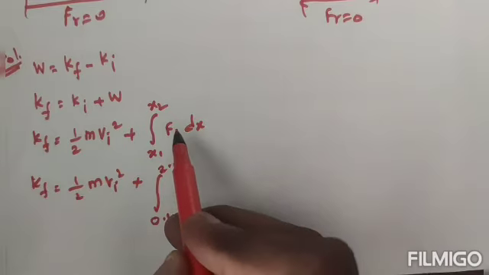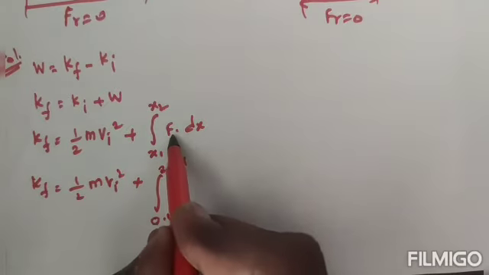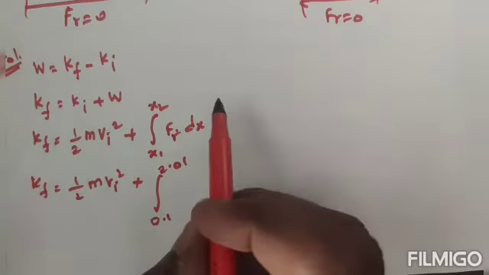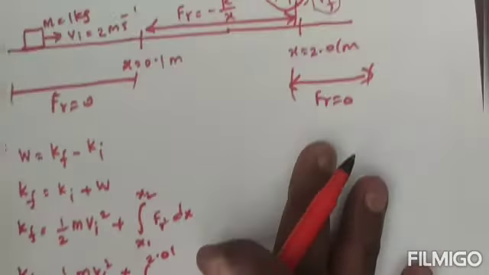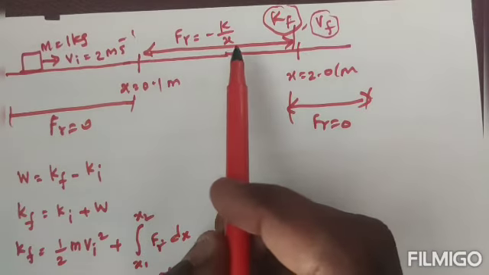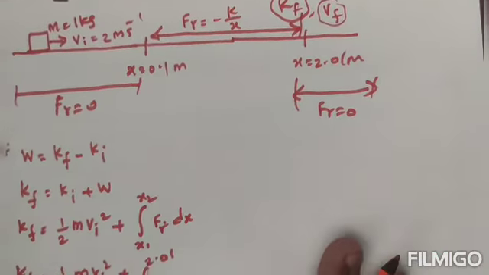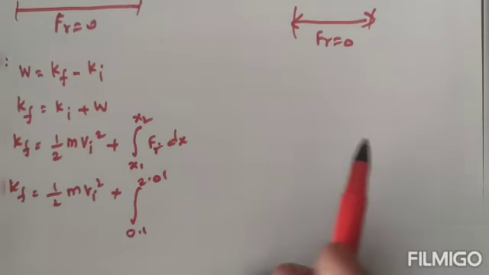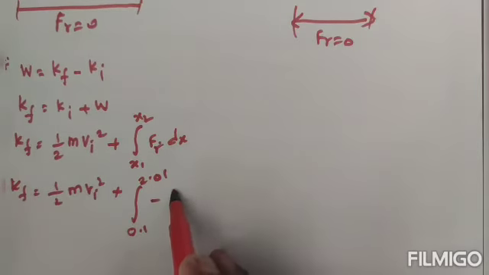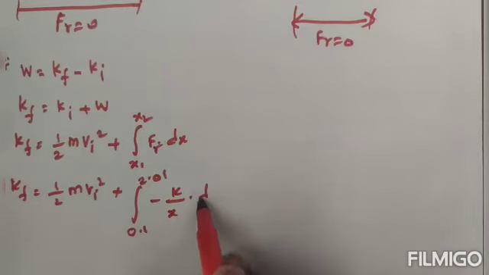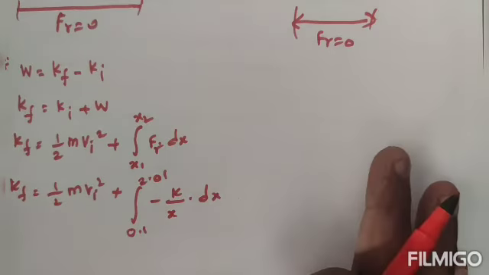Then what about the F? That means F is the frictional force, that is Fr. Fr value is given in between the limit as minus K divided by X. So I am going to write here minus K divided by X, then into dx.